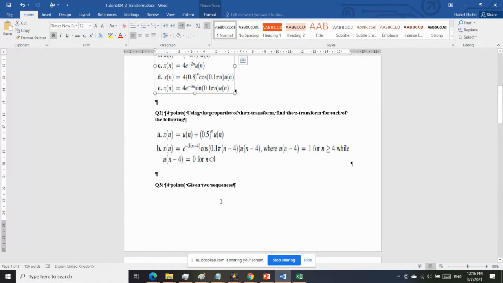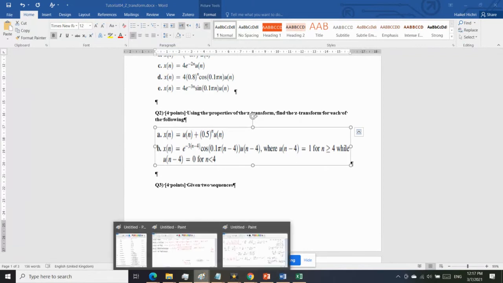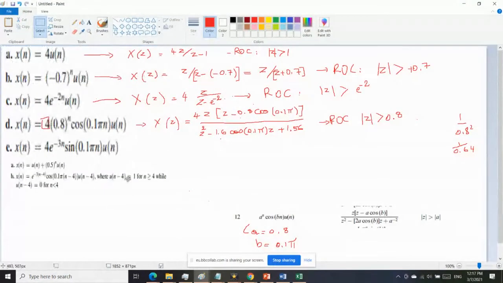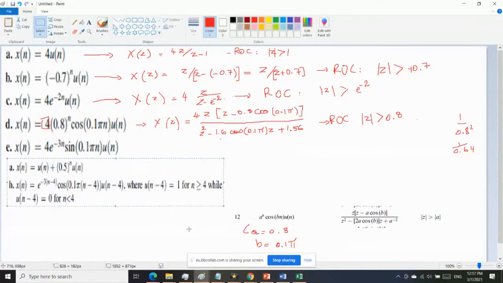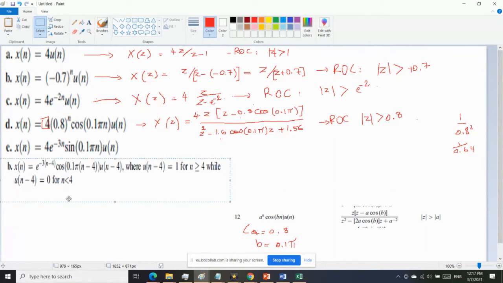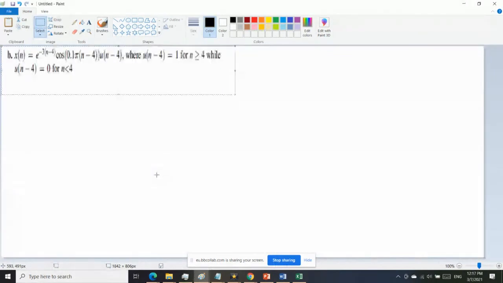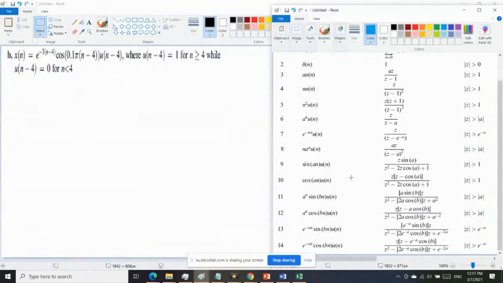Let's look at another example here using properties of the Z transform. Find the Z transform for each of the following. Let's see part B. Which one applies?